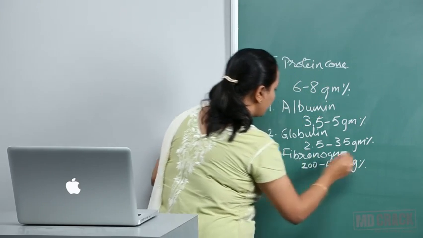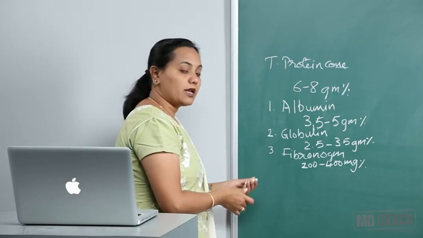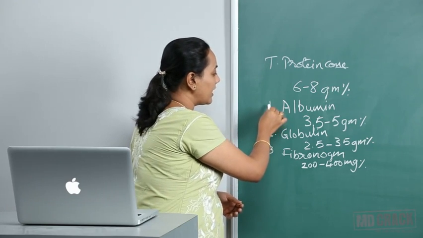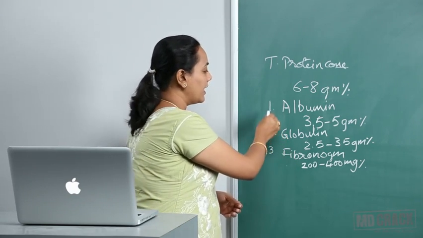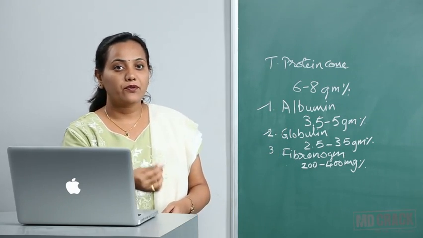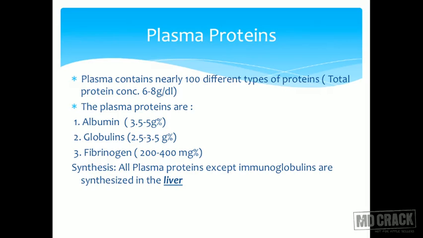Now, please remember, fibrinogen is not estimated so much in different laboratories because it is serum which is subjected to the estimation, and in the serum fibrinogen is not there, hence we estimate albumin and globulin to know about the different disease conditions.